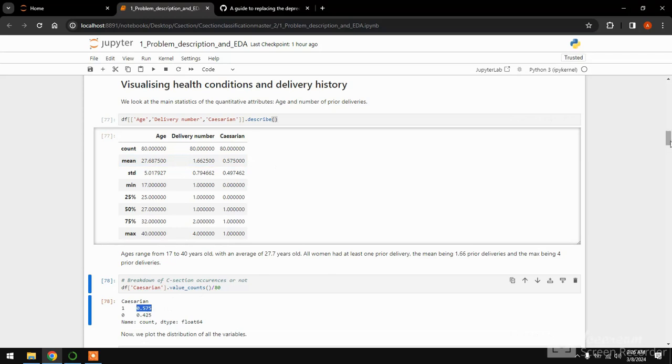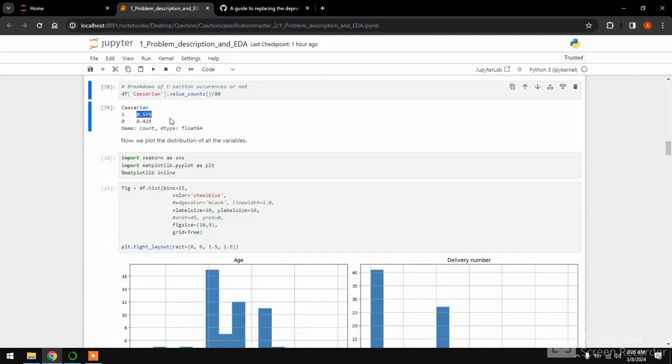So all those people with ones, there are 50, and they constitute 57%, and all those who did not deliver through C-section were 42%. This is according to this dataset. There could be a different dataset that gives potentially different results. That's acceptable, depending on the country, possibly depending on the race and so on.